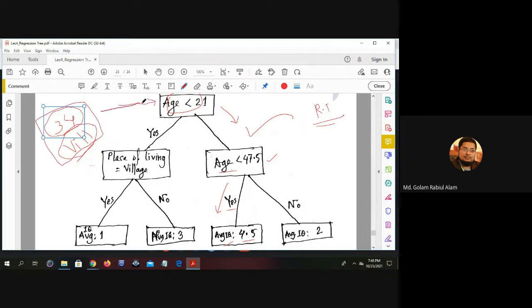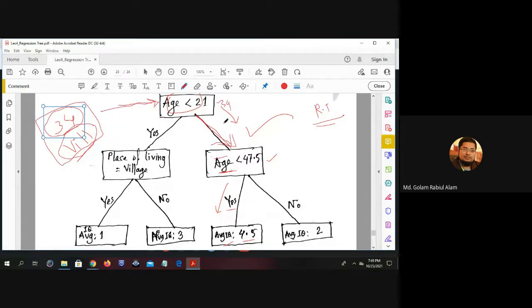So what we have to do is feed this data to this tree. The first consideration here is age 21 or not. Is age less than 21? No. Age is 34, which is greater than 21. So move in this direction. Now again consider the age. Age is less than 47.5?